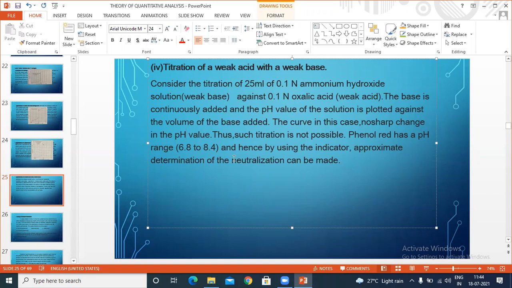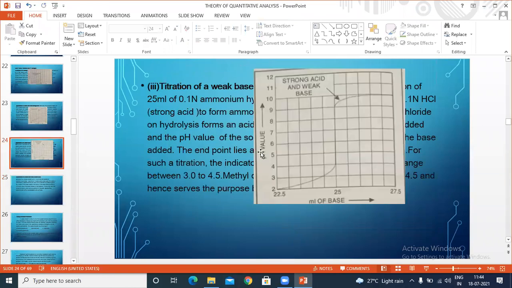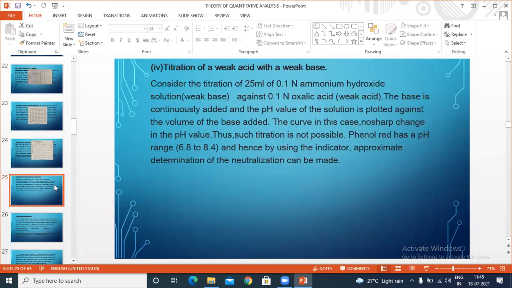We are unable to find a particular range at the neutralization point because a sharp pH change is not observed in the case of a weak acid versus weak base. Simply, what we observe is an S-shaped graph. By using that graph, we are unable to find the neutralization point.